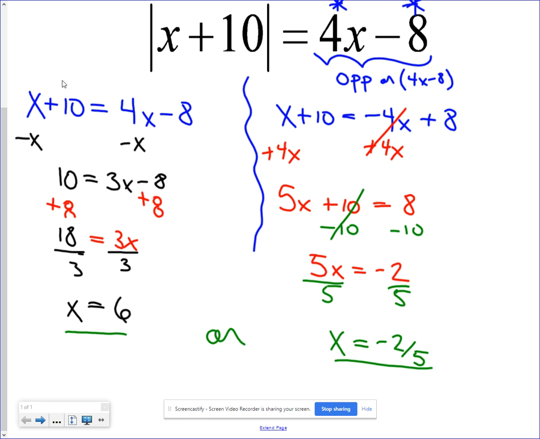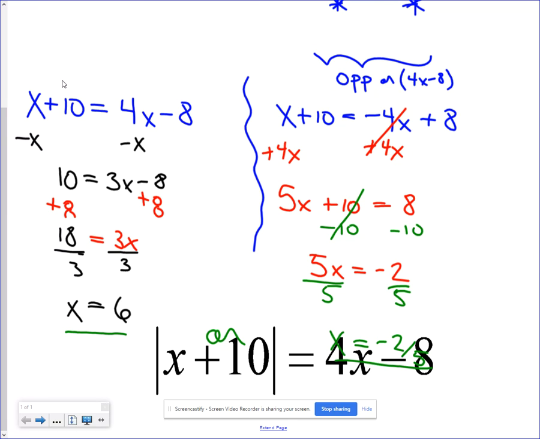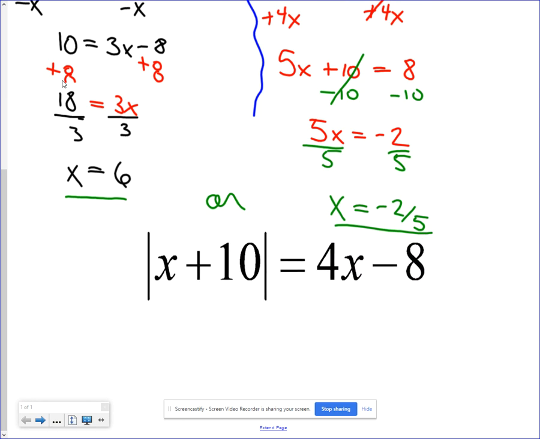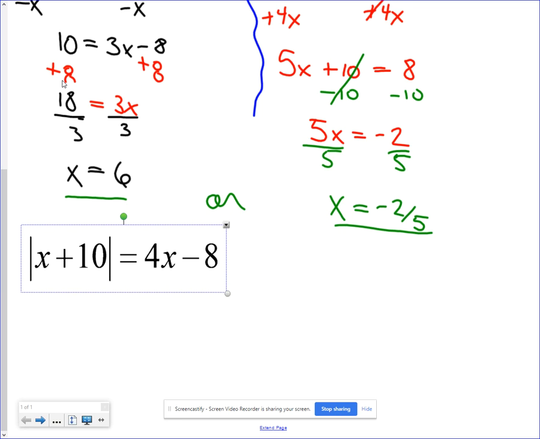So remember, your last step is to check these. So we're going to take the original problem, and we're going to plug our possible solutions into both of these. So let's check 6 first. Let's see if 6 is the solution.